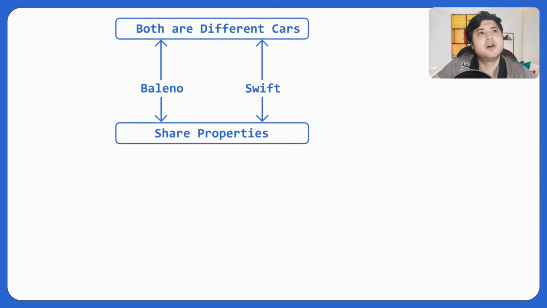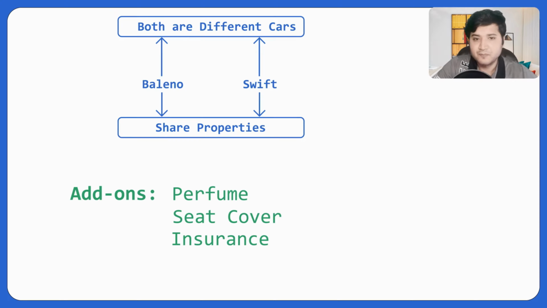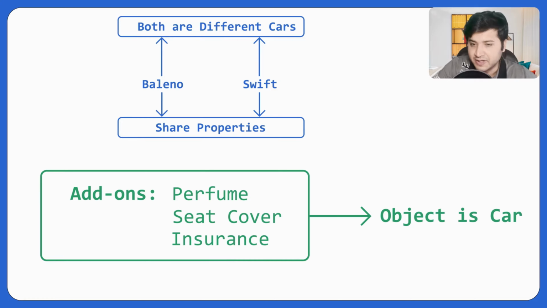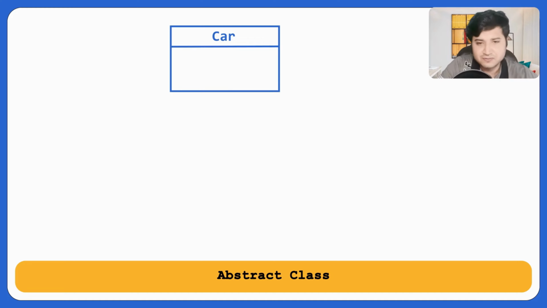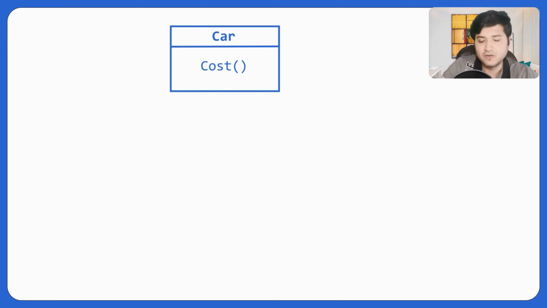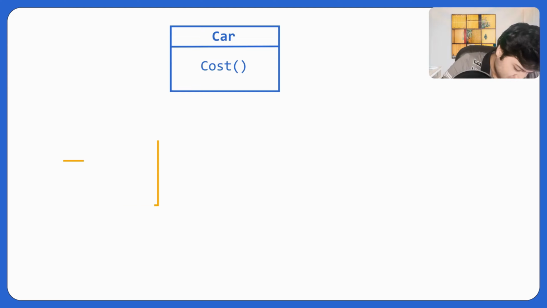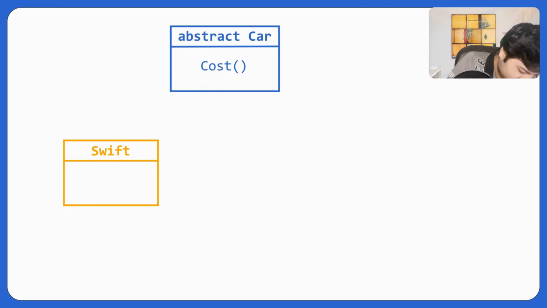When we have add-ons also, for example, perfume in a car, seat covers or insurance, then also the object is a car. So let's make an abstract class Car, and right now we just want the cost, so it will have a function cost.